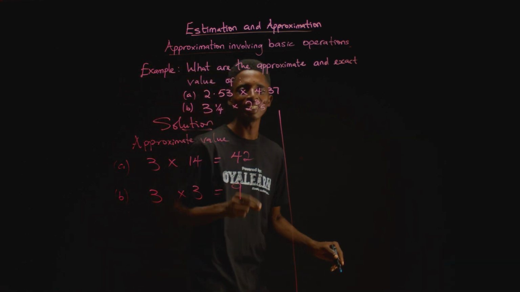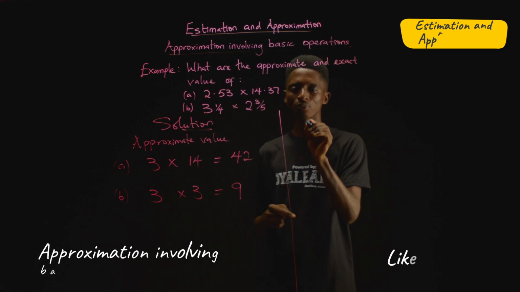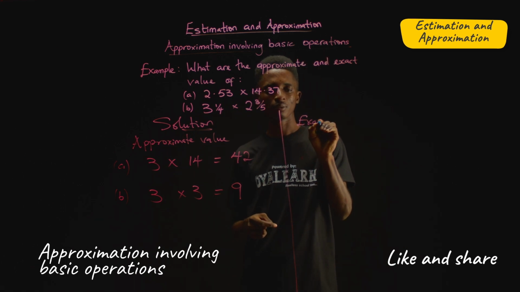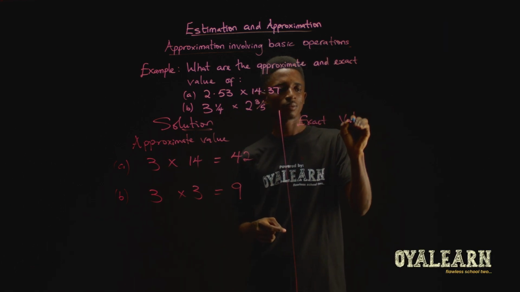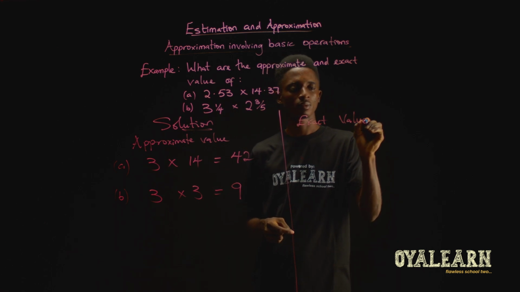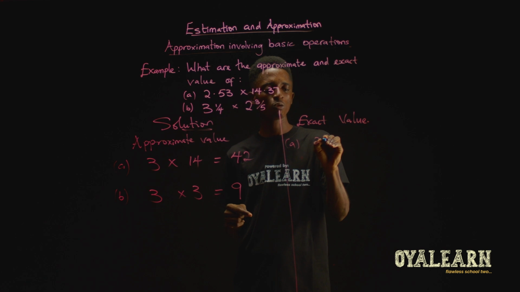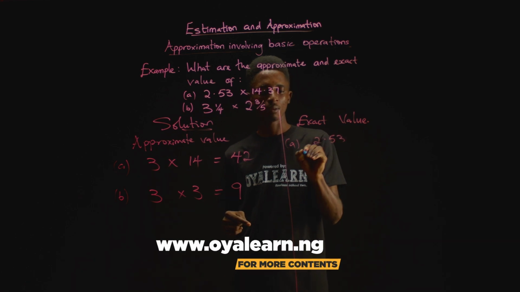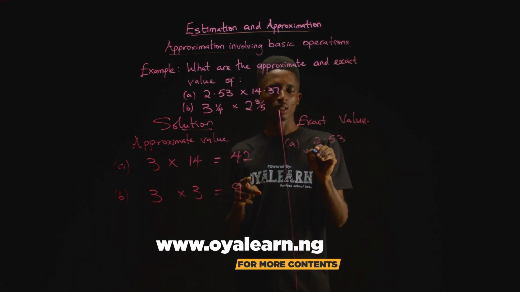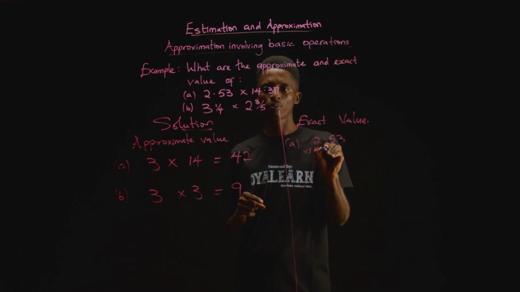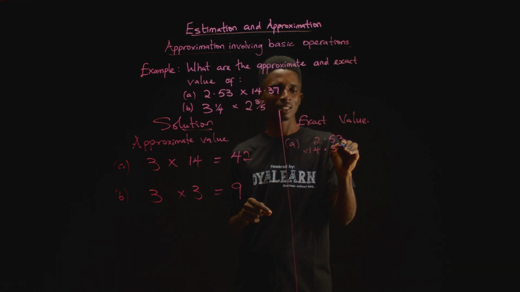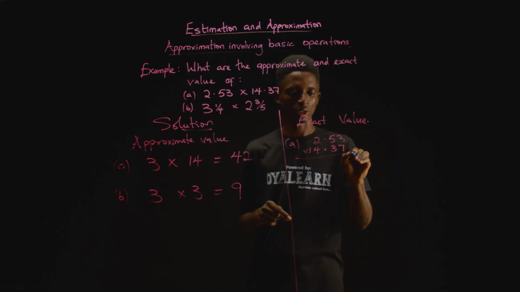Now let's see what the exact values are. So for A, we have 2.53 multiplied by 14.37. Now let's multiply.